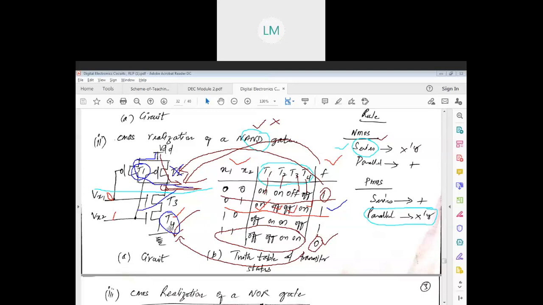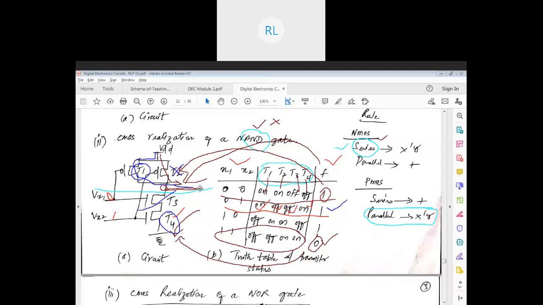So this is a series line. It is just like a chain, right? If one of the links is broken, do you think the chain will hold on? I want you to respond. This T3 and T4 is like a chain. If one of the links in a chain is broken, do you think the chain will still hold on? No, sir.